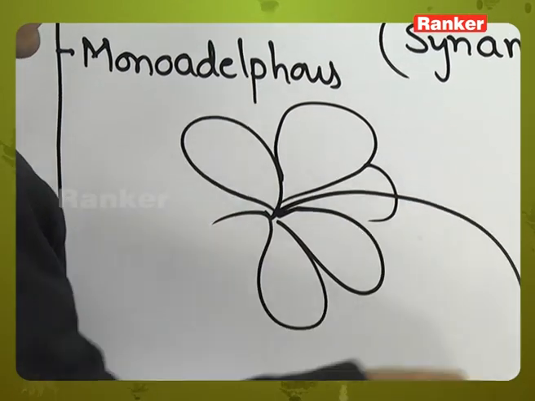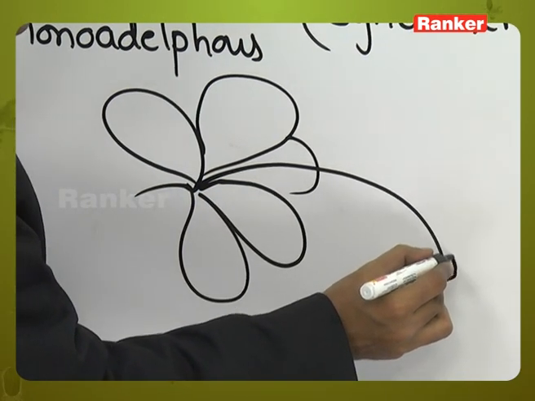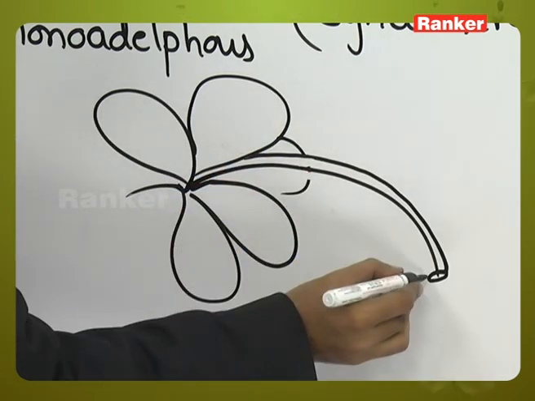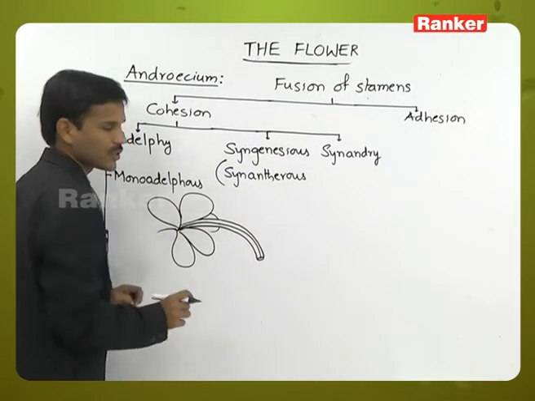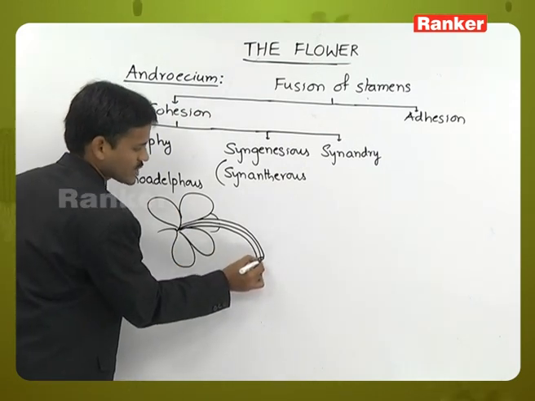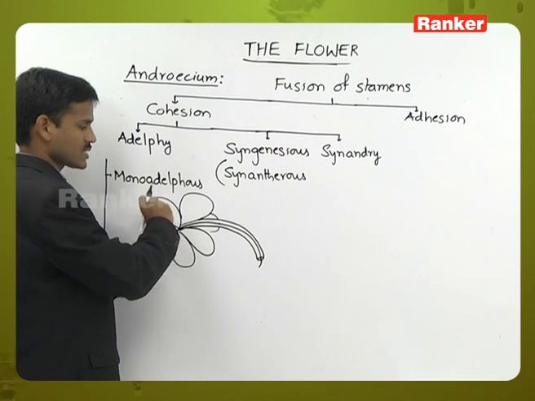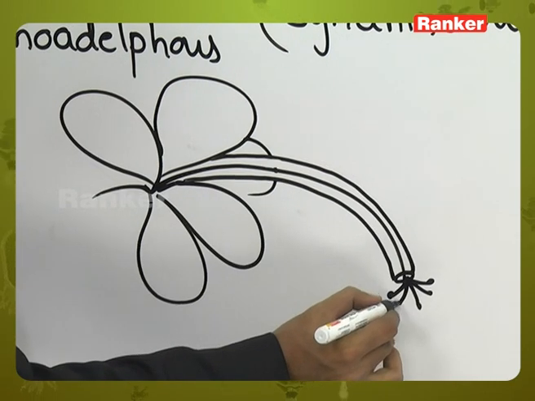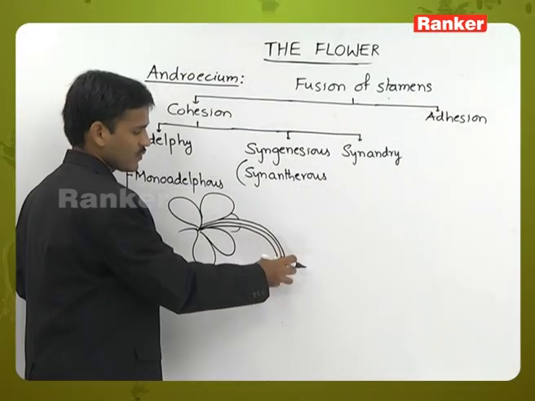In the hibiscus flower, a staminal tube is formed. A tube-like structure is formed due to the fusion of all filaments, and through the tube the style of the gynoecium comes outside. The stigma is dissected into 5 lobes.